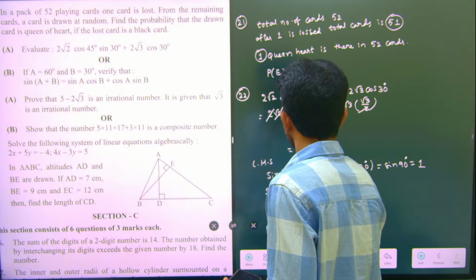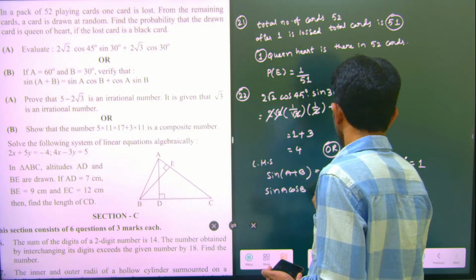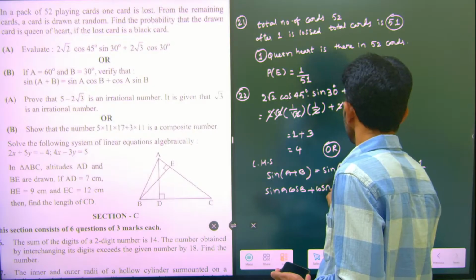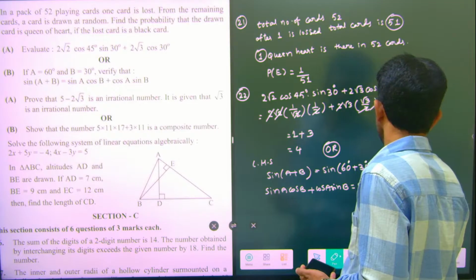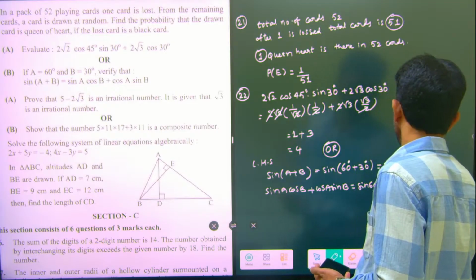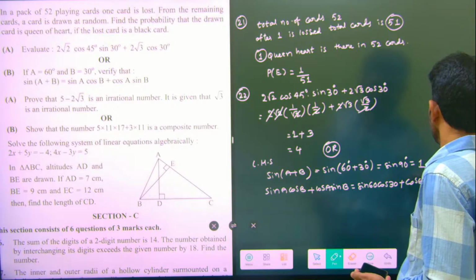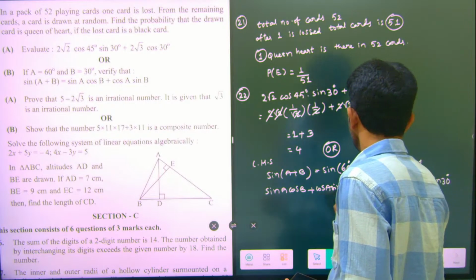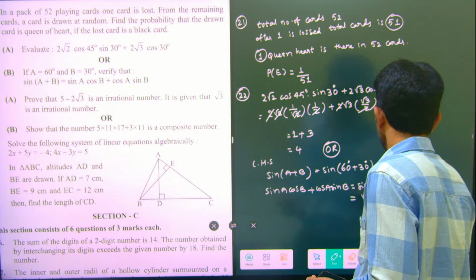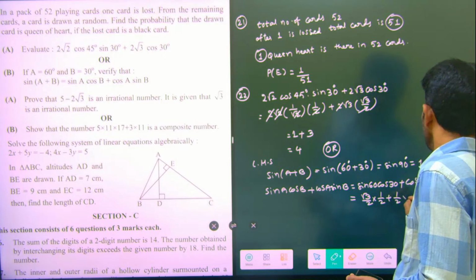Now sin A cos B plus cos A sin B. So sin 60 cos 30 plus cos 60 sin 30.